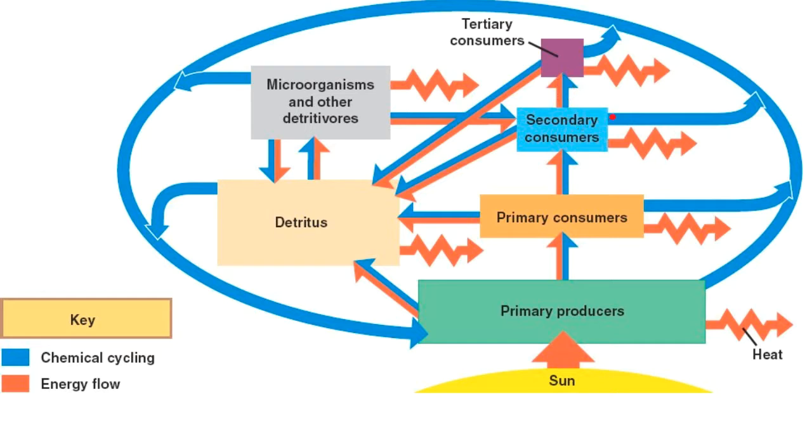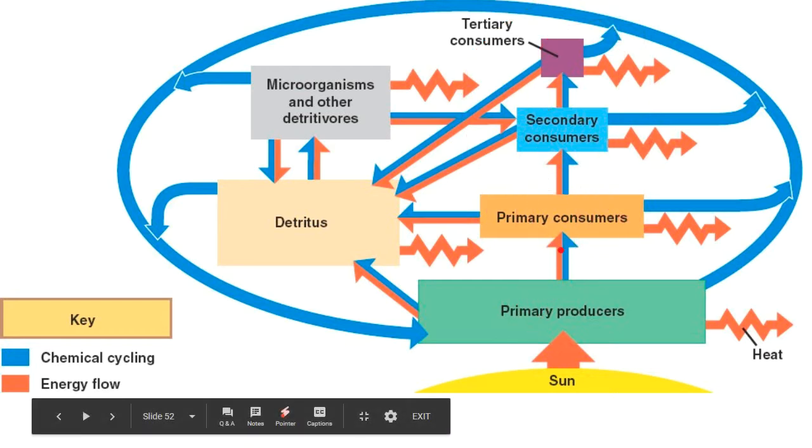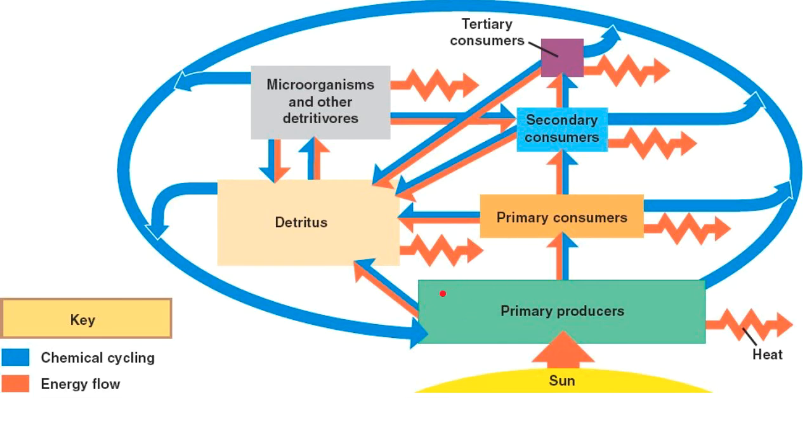But what's essential to this, if this whole system is going to maintain any kind of stability, you have to cycle nutrients. Because no matter how much the sun shines on plants, if they don't have the nutrients to grow, you're not going to be able to have much of an ecosystem.